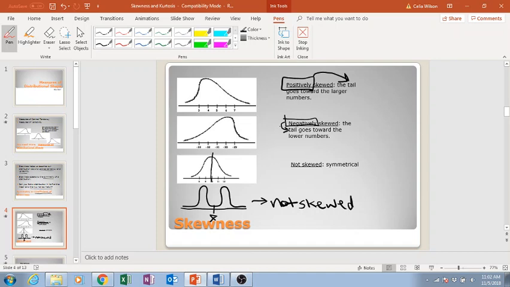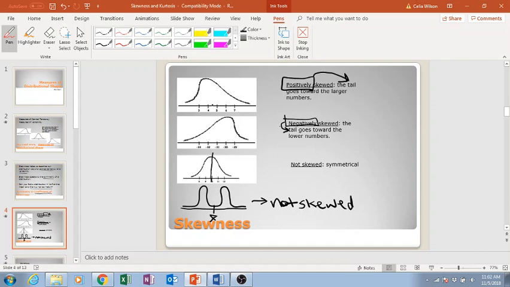So when you're thinking about skewness and kurtosis, if you have that immediate kind of association like I do, just think, nope, it's backwards. It's backwards from what I think. And the reason is it's talking about the mean. So when it says it's positively skewed, it's actually talking about the mean being pulled toward the tail.